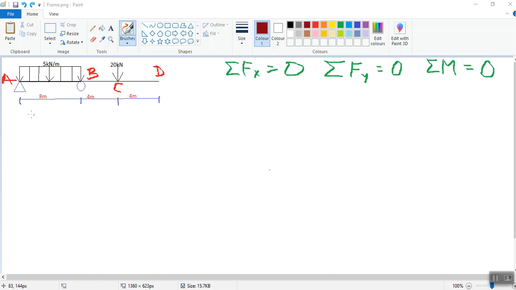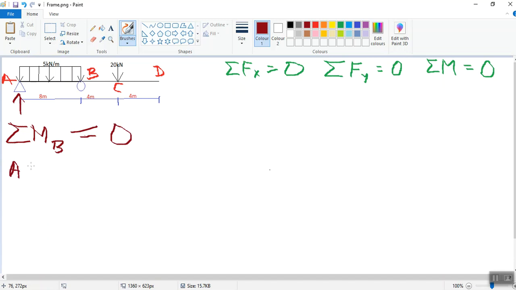Now for reaction at A, let us consider the reaction at A is acting upward. Then we have summation moment at B equals 0 since B is roller support.